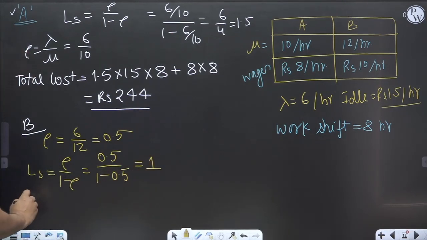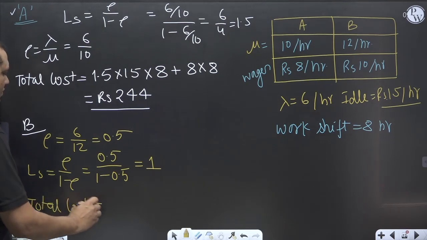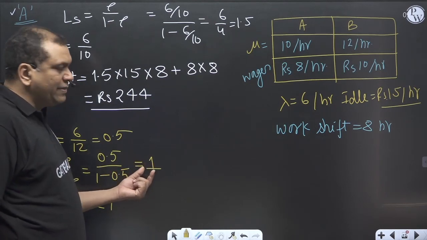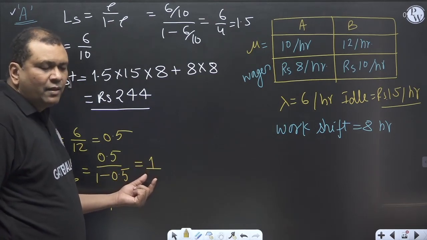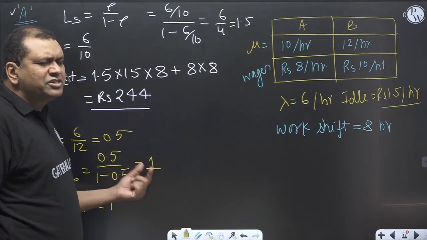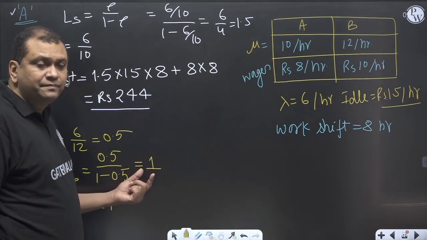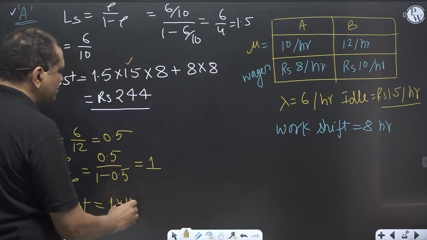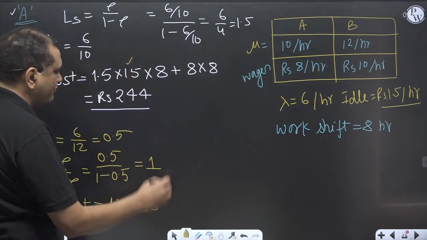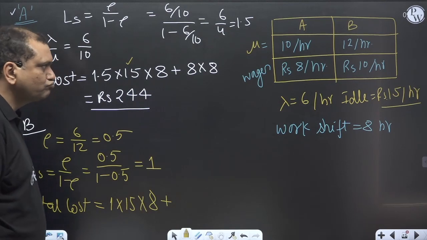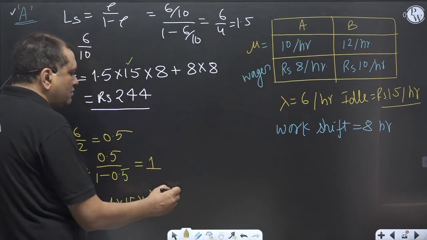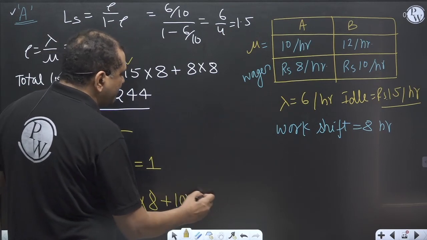So total cost will be: if I am hiring repairman B, on an average, one machine is idle all the time. How much do I have to pay? 15 rupees per hour, and there is an 8-hour work shift. His wages are rupees 10 per hour, and it's an 8-hour work shift.